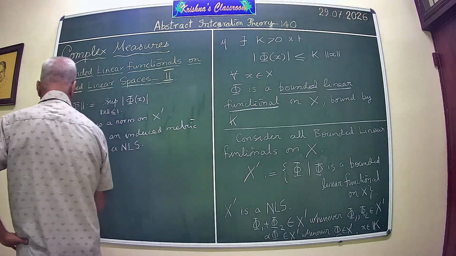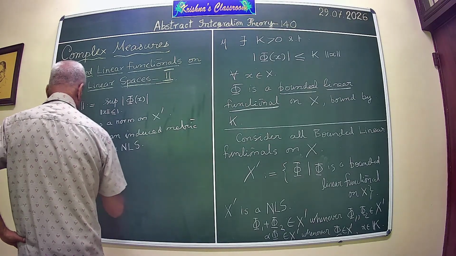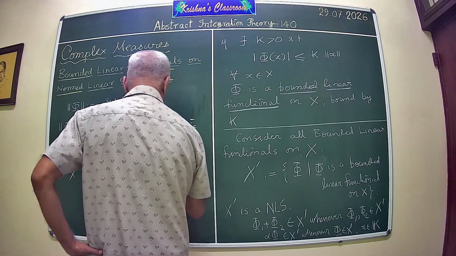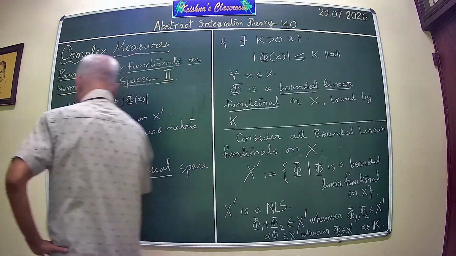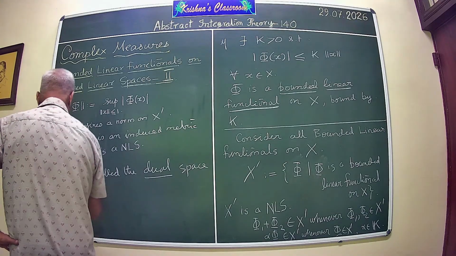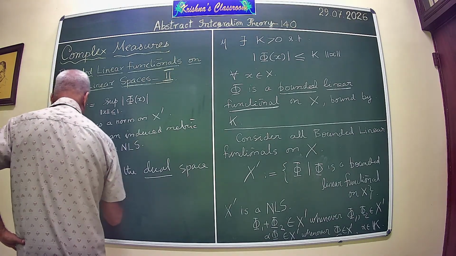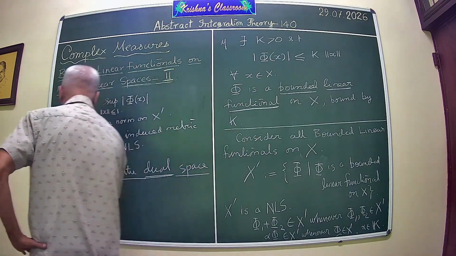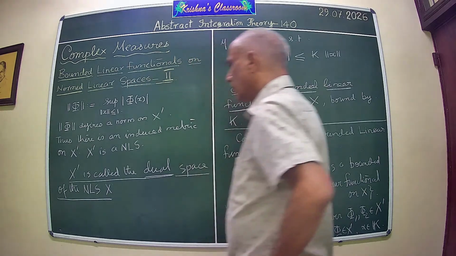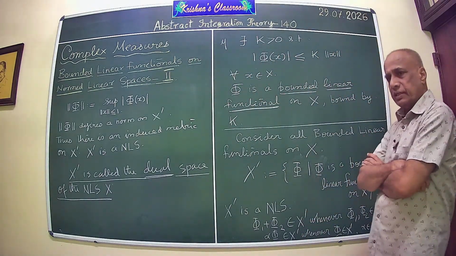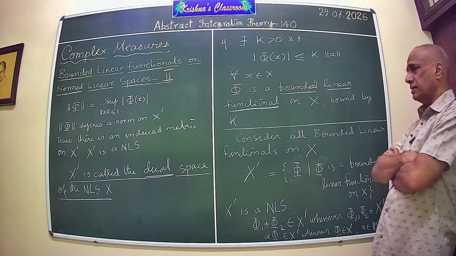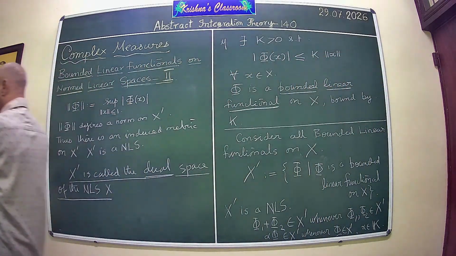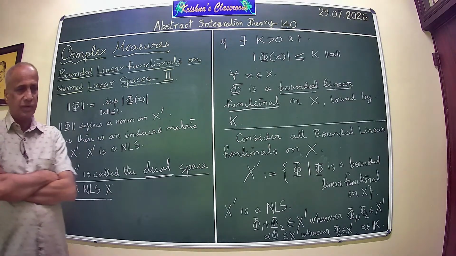X prime is called the dual space. So that's the definition of the dual space. So X is the given normed linear space, X prime is the dual space, the space of all linear functionals.